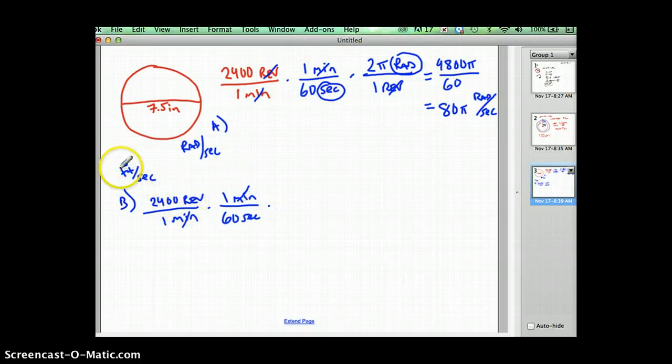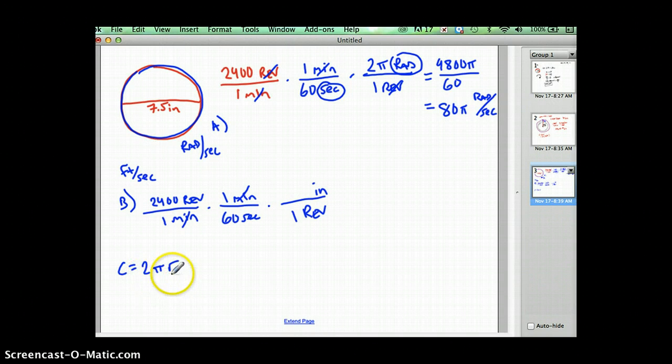I need to figure out how many feet there are in one revolution. If revolutions were on top, revolutions go on bottom. Well, look at the diameter. The diameter is in inches, so maybe we should figure out how many inches there are in one revolution. One time around the circle, that's circumference. Circumference equals 2 times pi times the radius.